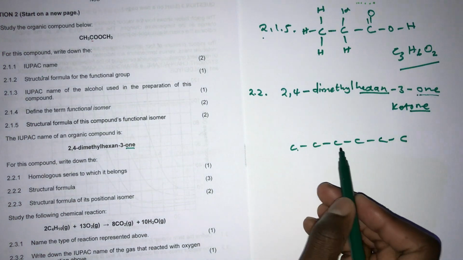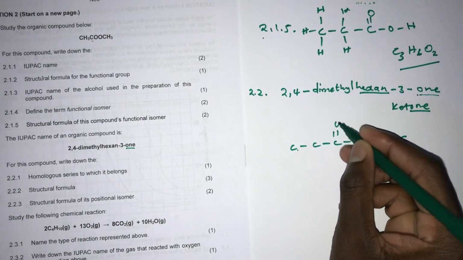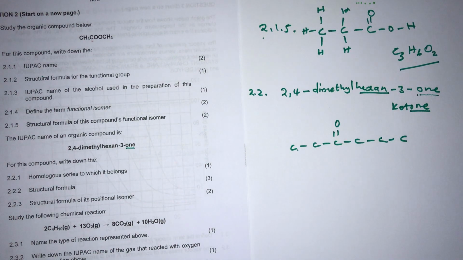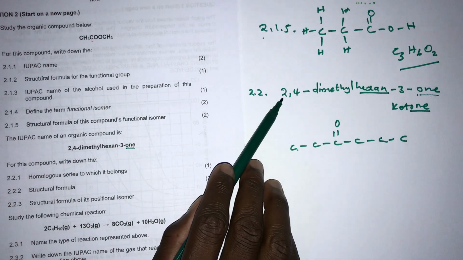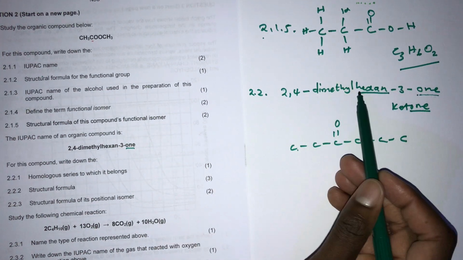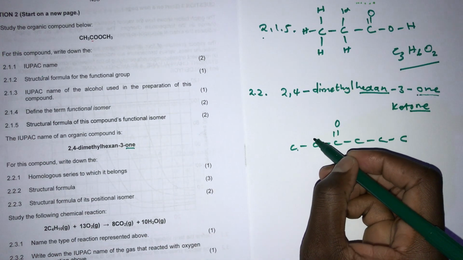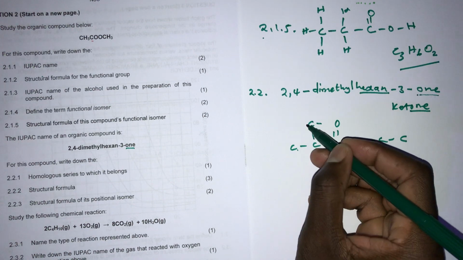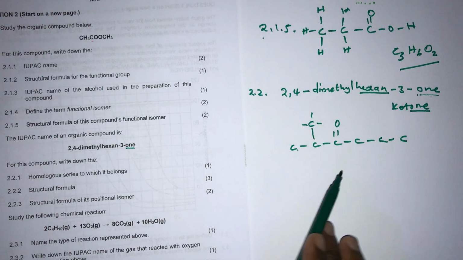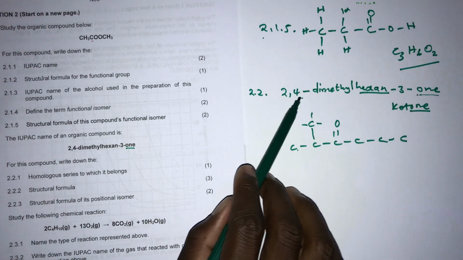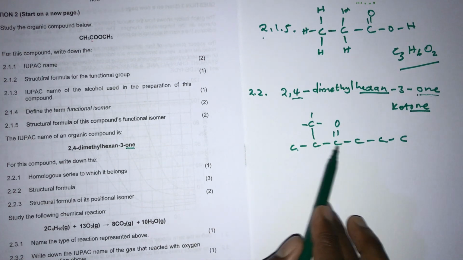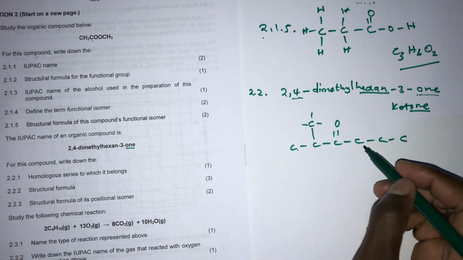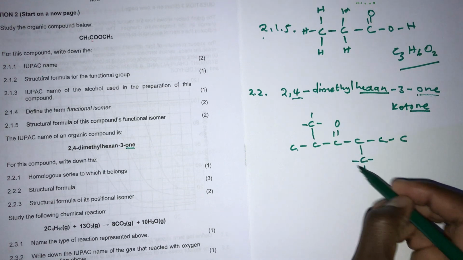So 1, 2, 3. Carbon atom number 2 has a methyl as a branch. And also carbon atom number 4 has a methyl. So 1, 2, 3, 4. Here we're going to have a methyl.